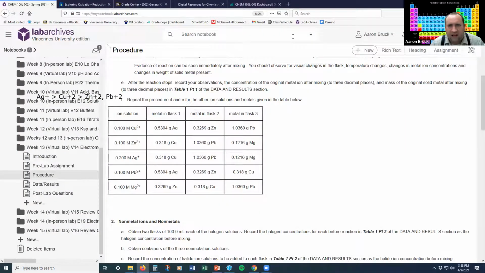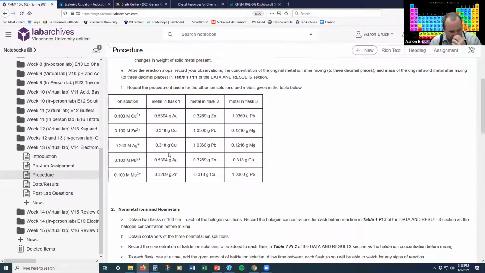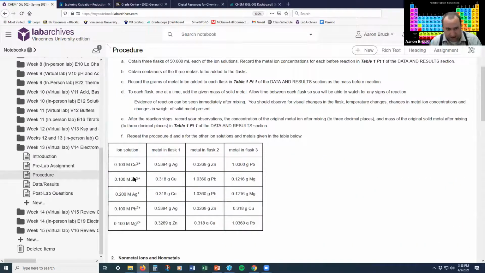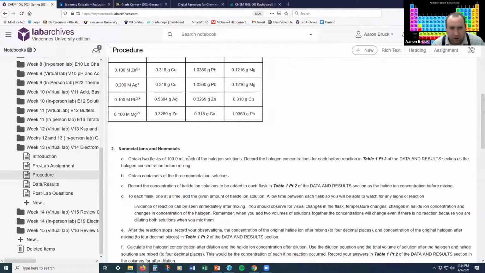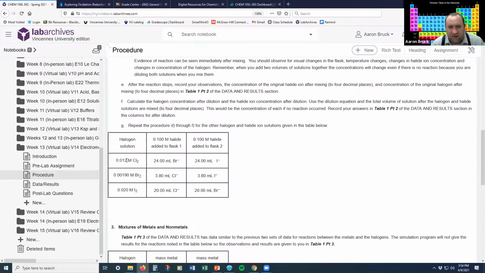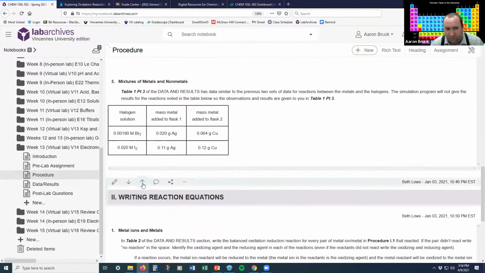And you can see that as we progress through this, you're going to do a series of extra tests that are going to essentially verify each other in the long run. You'll do similar kinds of tests with the halogens, chlorine, bromine, and iodine.